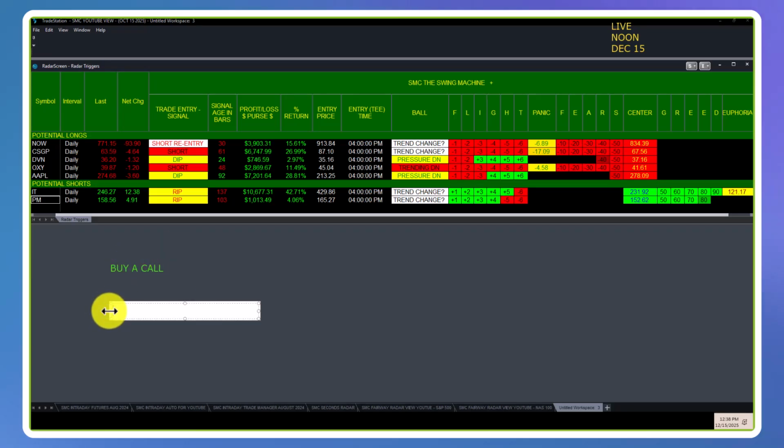Another way to get long would be to sell a put. It's a marginable event. So what we could do is sell a put, receive a credit, and then to define our risk, buy a put, which is a put credit spread.